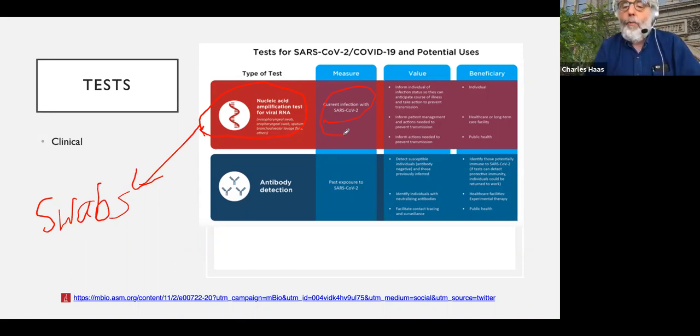The value is to inform the individual of their status, take appropriate management of the patient, and inform others that may have been exposed to prevent transmission. So there's a beneficiary to the individual, to healthcare, and to public health.